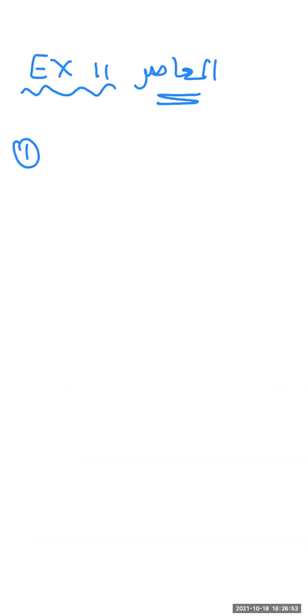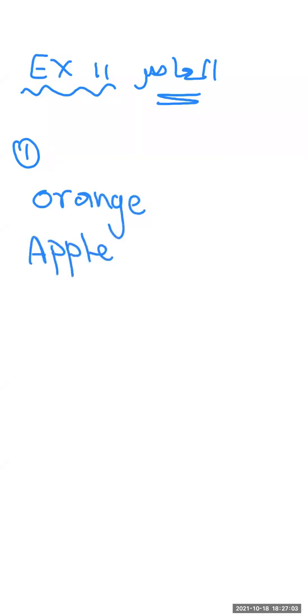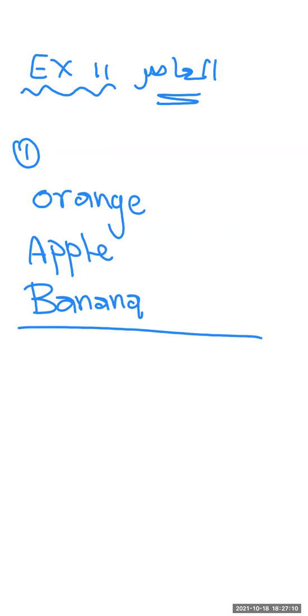The first picture, it's a set of fruits. So the elements here will be orange, apple, and banana. What about number 2, or letter B? This one was letter A. Letter B, here, set of animals.